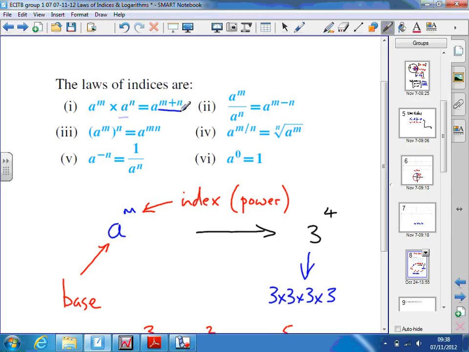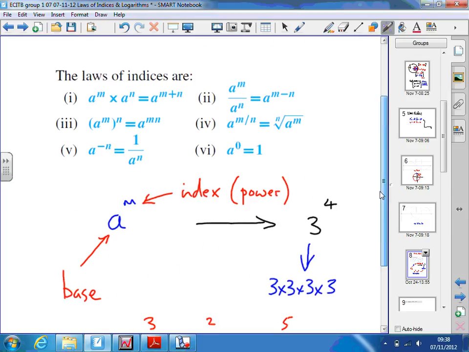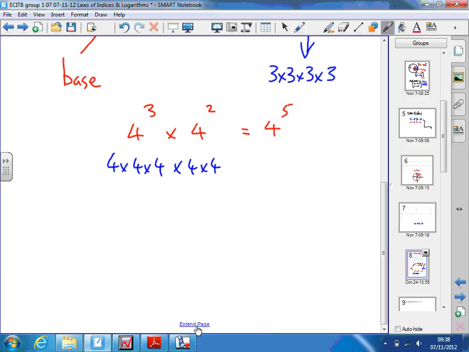And in a similar way, if I divide, then I subtract the powers. So the second law of indices says a to the m divided by a to the n. And if you write down an example like I've just done here, 4 cubed over 4 squared, that's going to equal 4 times 4 times 4 over 4 times 4.